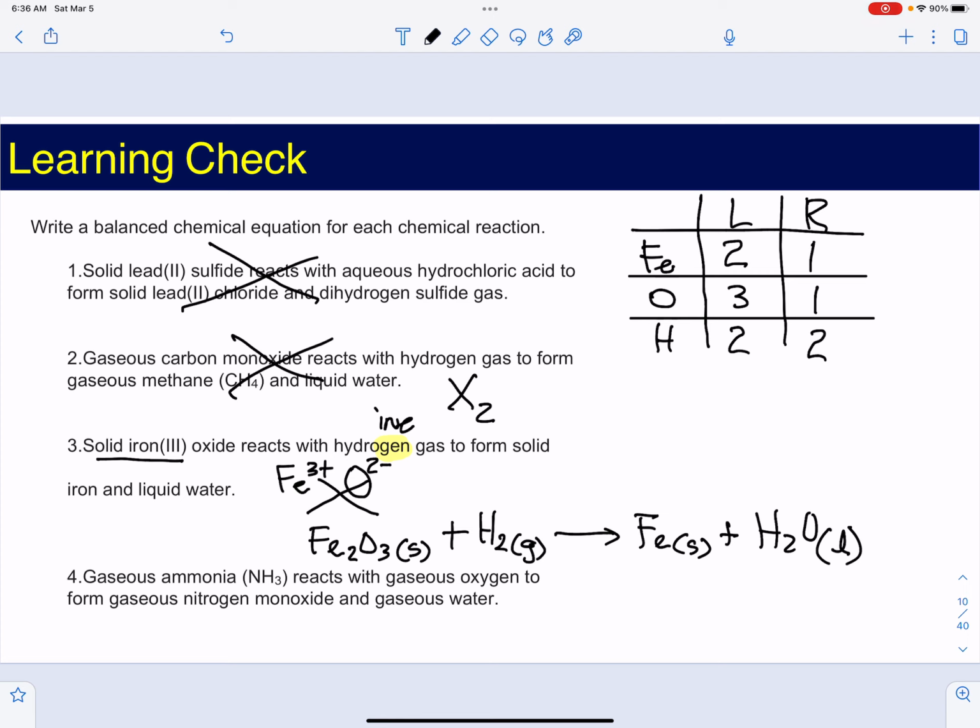We have 3 on the left side, 1 on the right side. So wherever the oxygen is, we're going to multiply by 3. That's going to affect the water, therefore affecting the hydrogen also. So we're going to have 6 hydrogens now. Keep track of everything before you move forward. That means I'm going to multiply by 3 on the left side where the hydrogen is.